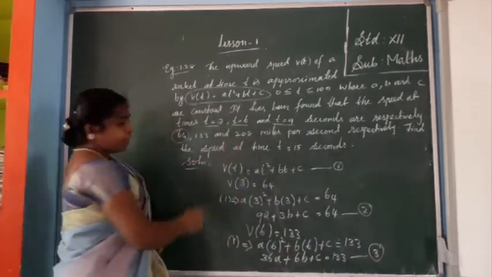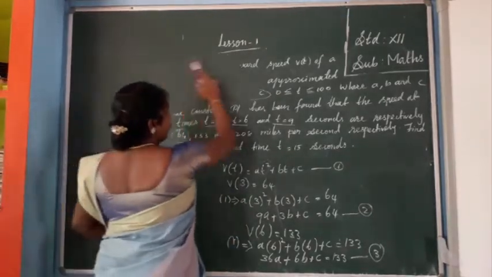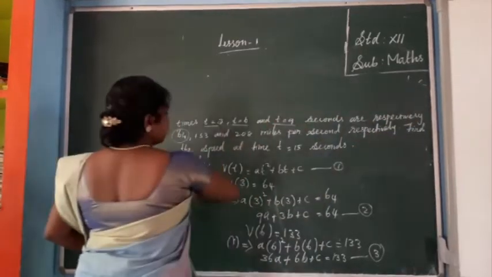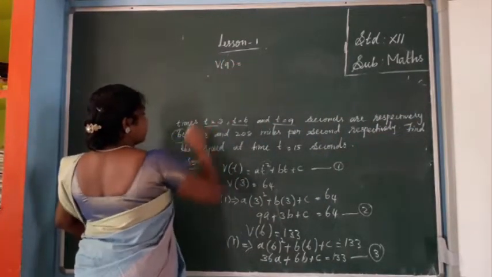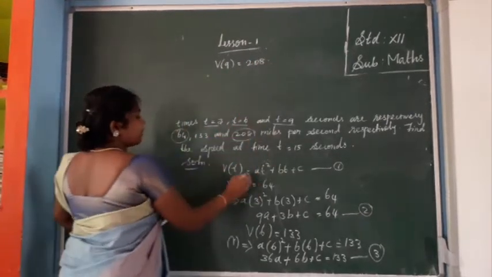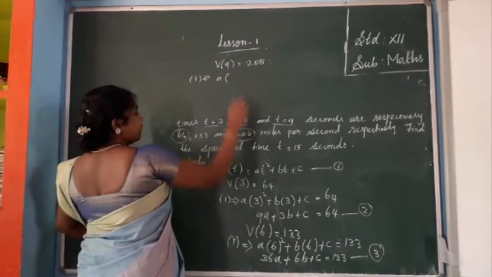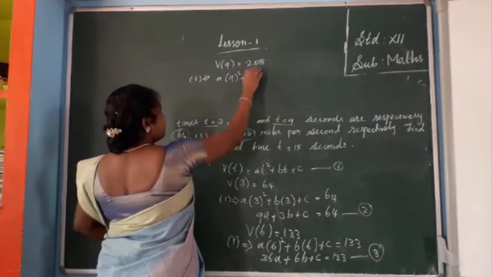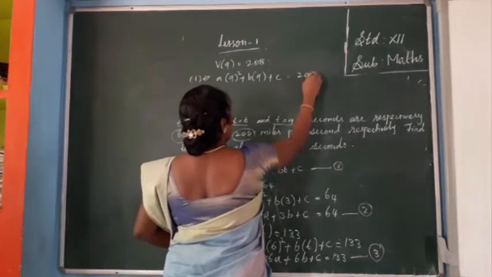Next, one more value is there. You have to substitute that value also. b of 9 equals what's the value? 208. So you substitute in the first equation: a into, instead of t, 9. 9 square plus b into 9 plus c equals 208.